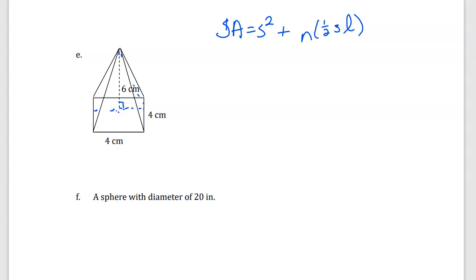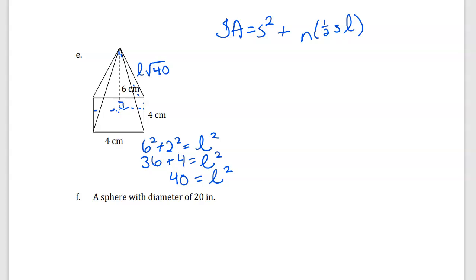Half of that would be 2. 6 squared plus 2 squared would give me my L squared, slant height. So that would be 36 plus 4, so 40 is equal to L squared. So L would be the square root of 40.